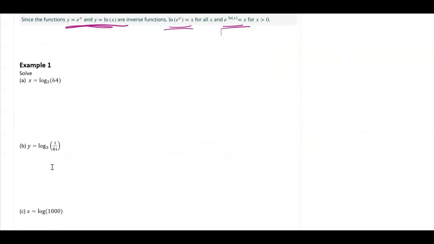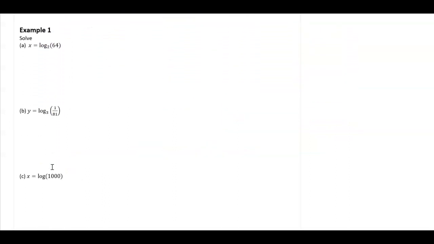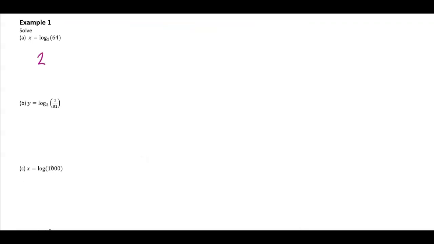All right, so let's rewrite these and then also solve them. My base would be 2. My new inputs would be x, and my outputs would be 64, to do this as the inverse function. So same base, what you're equal to becomes your exponential power, and then your argument inside the log becomes your output value.